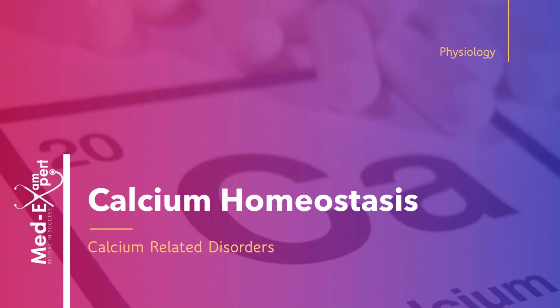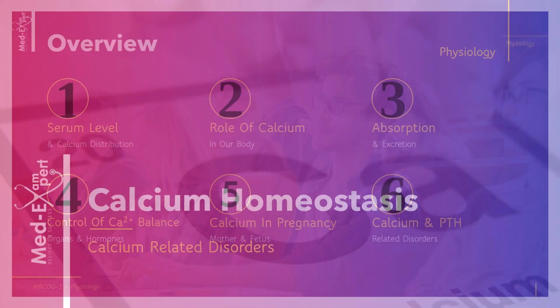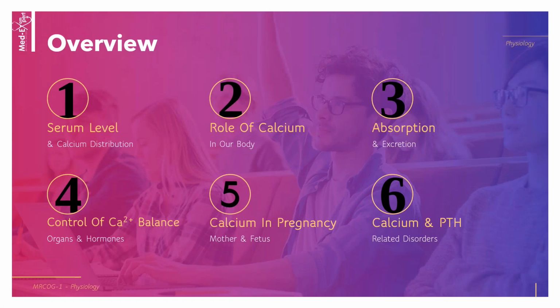So what will be the learning objectives of today's session? We will have a look at the serum level and the calcium distribution in our body. Also, we will know the role of calcium in our body. This is very basic, of course. How calcium is absorbed and excreted. How calcium is regulated in our body.